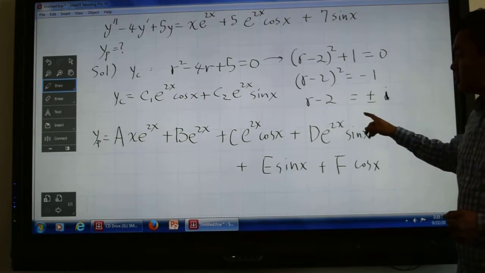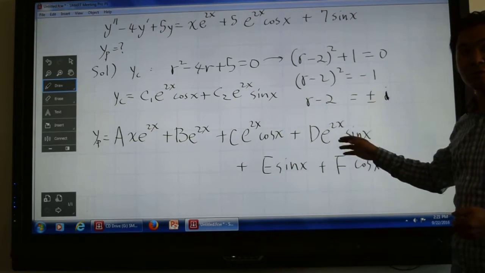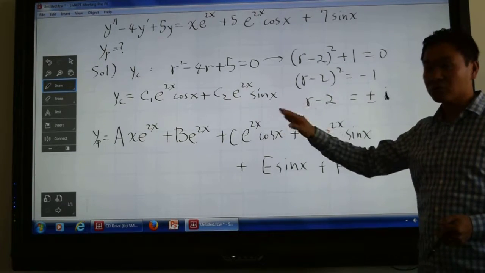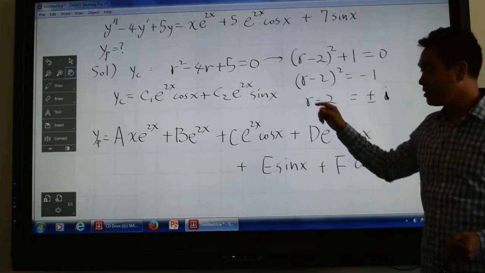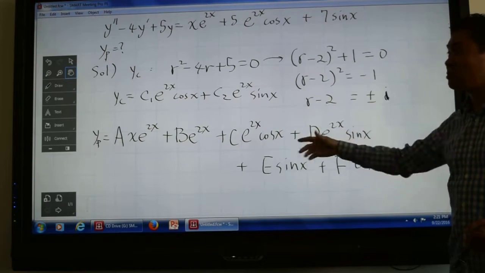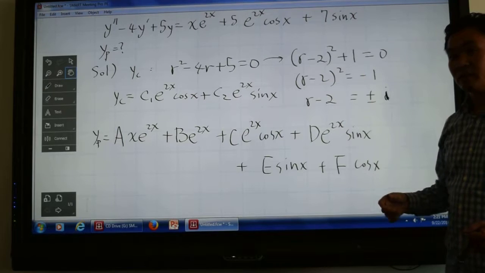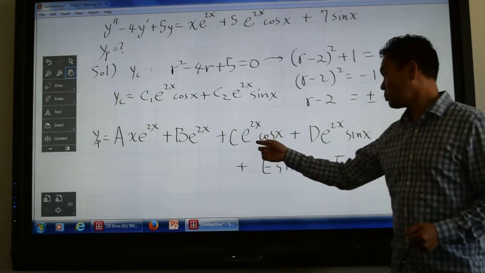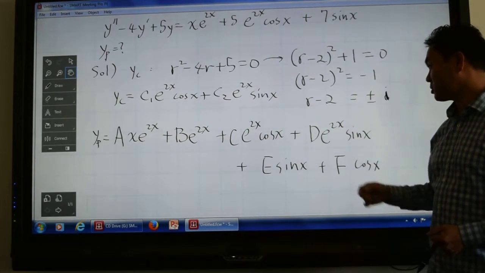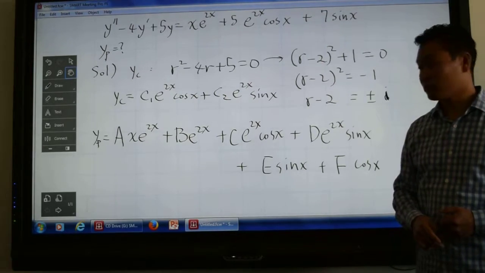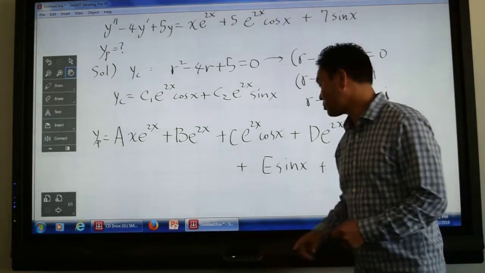But then you have to check for duplication, because the functions that are duplicated in the yc would just disappear when you plug into the left side, right? So do you see any duplication? Yeah, I see one here. I see another one here. Okay, so what do you do with those? You have to multiply by x.